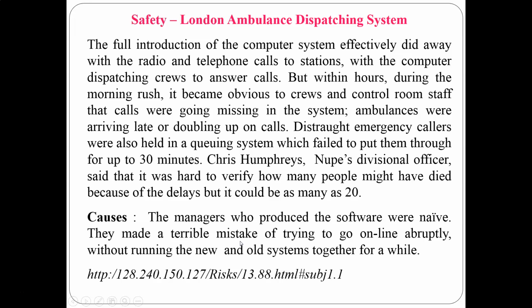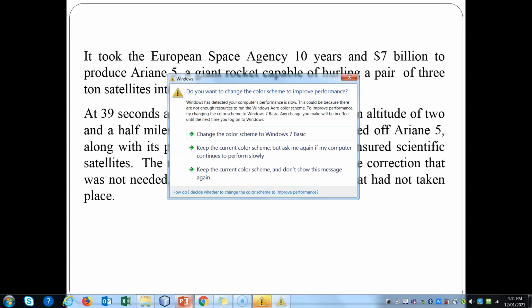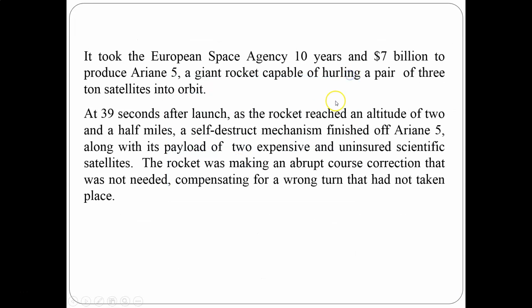The managers who produced the software made a terrible mistake of trying to go online without running the new and old systems together for a while. That's the reason. That means they should run both systems in parallel and see the result. If not, it can fail.